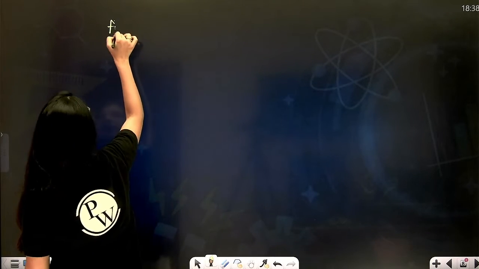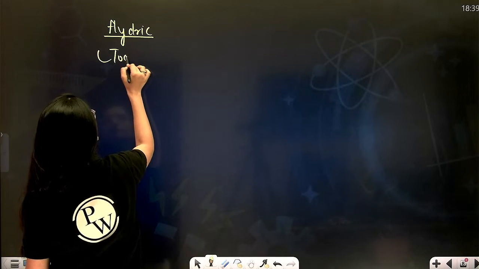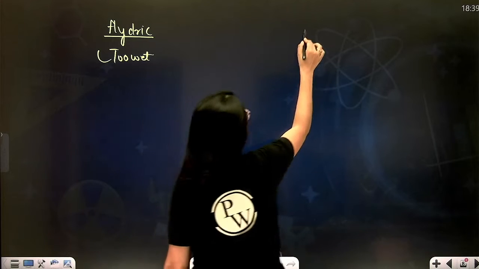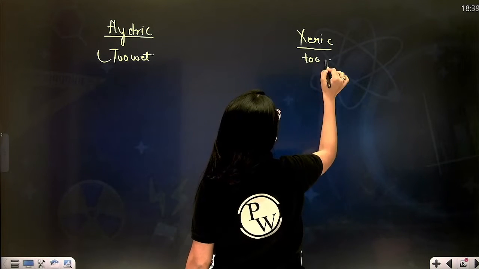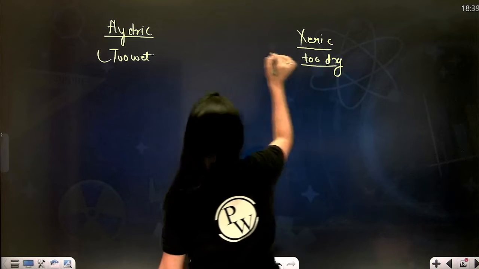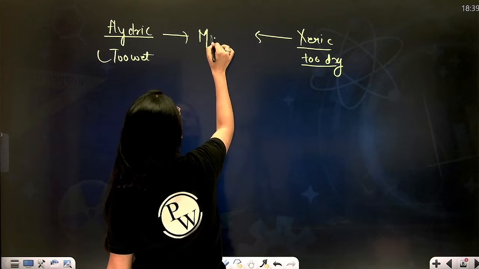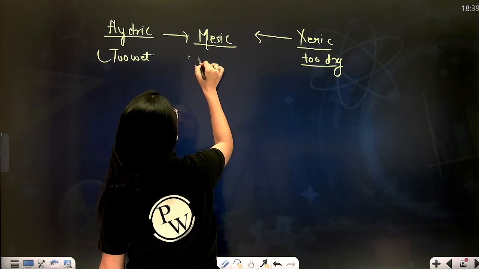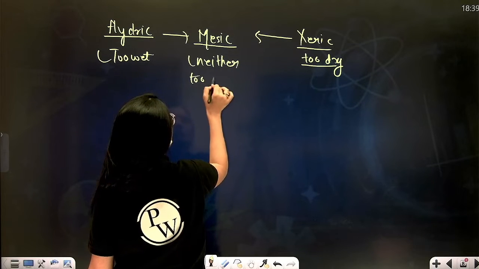So whether you begin with hydric succession, which is too wet, or xeric succession, which is too dry, the climax will come at mesic only, which is neither too dry nor too wet. This is the stable condition.